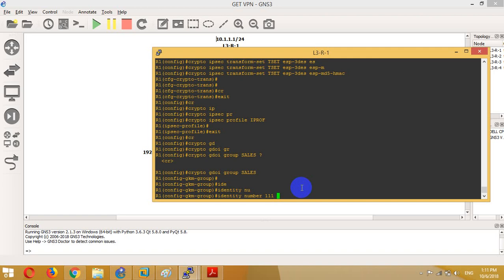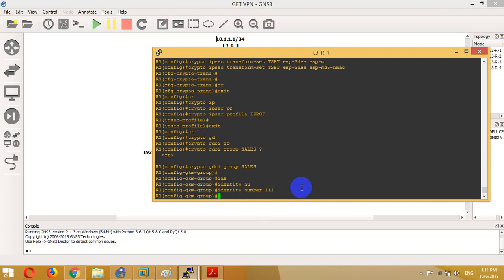I'm also giving this number because the key server itself can serve different groups, like sales, HR, IT, and whatever. So identity number here is 111, enter.